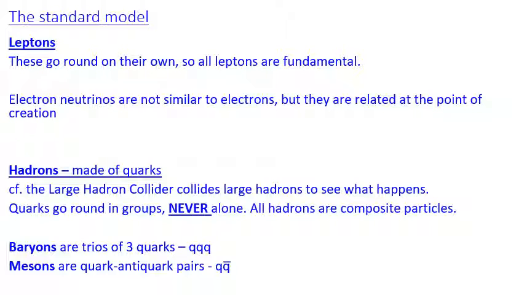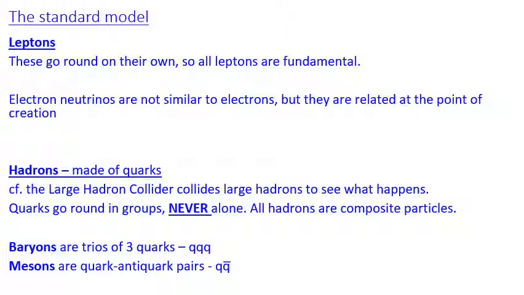Okay, and there are 2 ways that quarks can come together as particles. They either join in 3s, 3 real quarks or 3 antiquarks. So the baryons, but we might also talk about the antibaryons, Q bar, Q bar, Q bar.